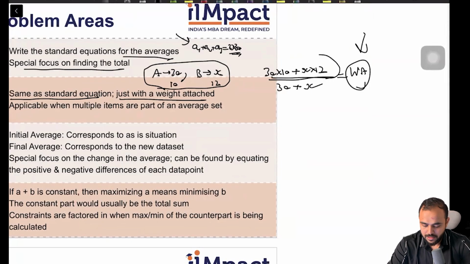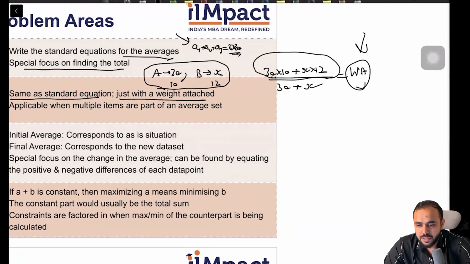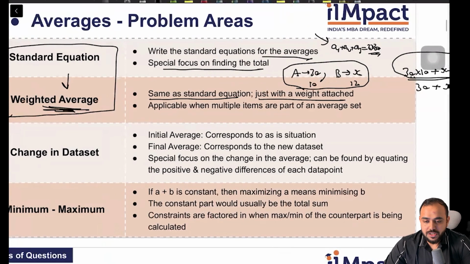So this thing would become the total score in this particular scenario. So weighted average is generally used when there are multiple items which are part of your average set. So instead of giving you the scores of each of these 30 students, what I did was I gave you the average score of these 30 students, nothing else.